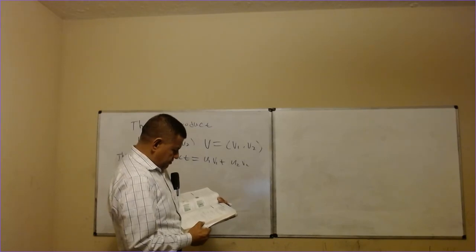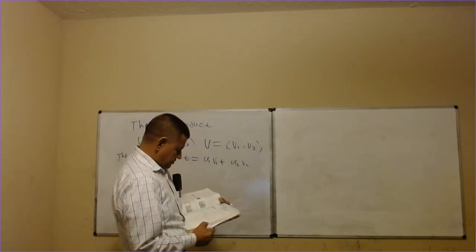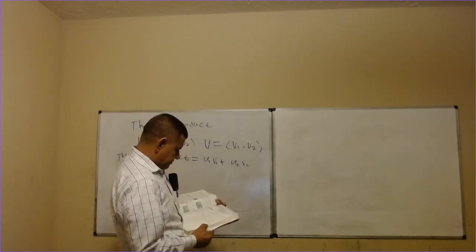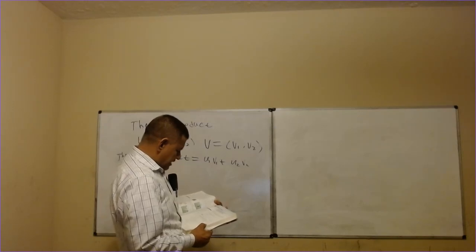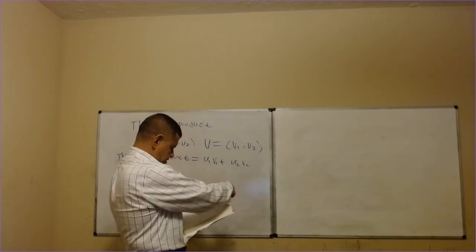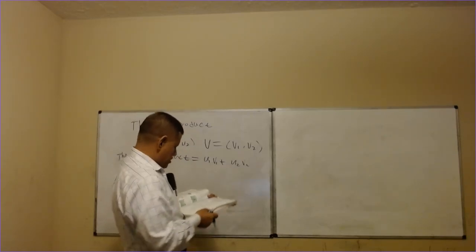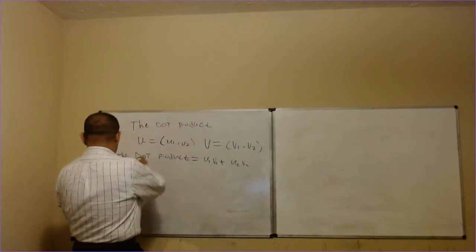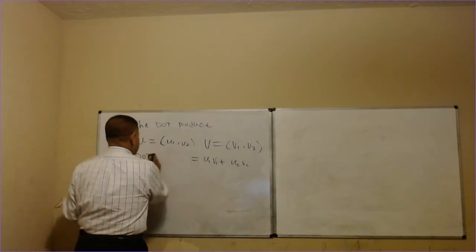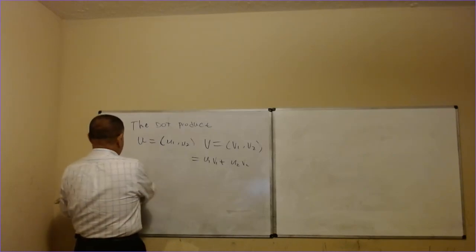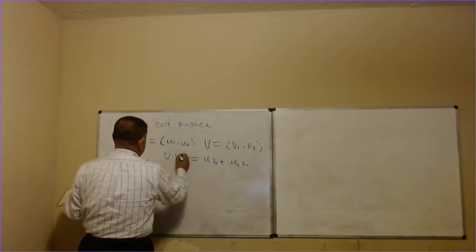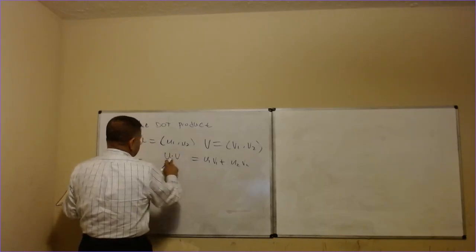So basically that's what it is. So now I'm going to write the rules here. So basically this one right here, I can replace this with U dot V, right? U dot V is equal to that, right?